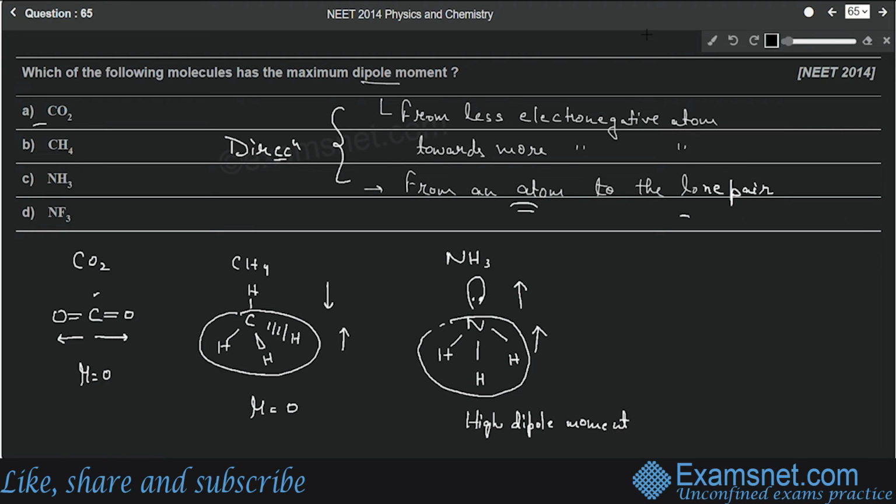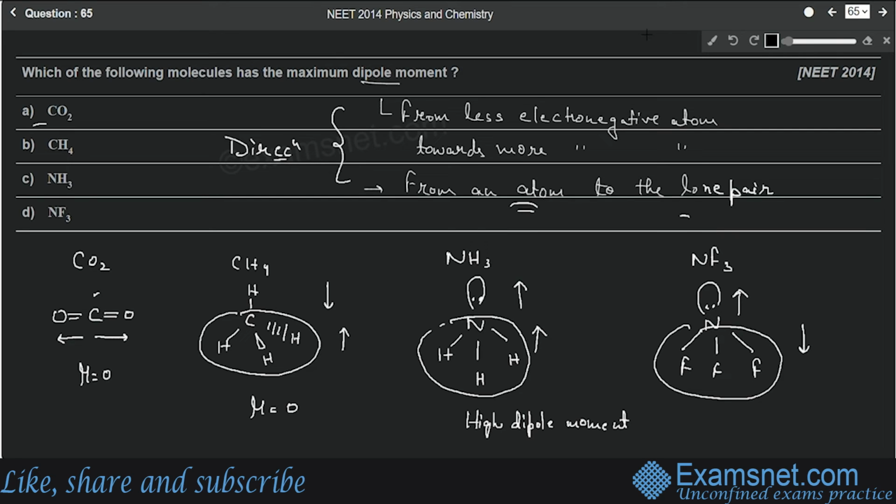And the last option is NF3, nitrogen trifluoride. So this is nitrogen. We have 3 fluorine atoms, but we know that fluorine atoms are more electronegative than nitrogen. So unlike the ammonia, here the direction of these 3 will be in the downward direction from nitrogen to fluorine, whereas the lone pair that is present on the nitrogen, here the direction is from nitrogen towards the lone pair.